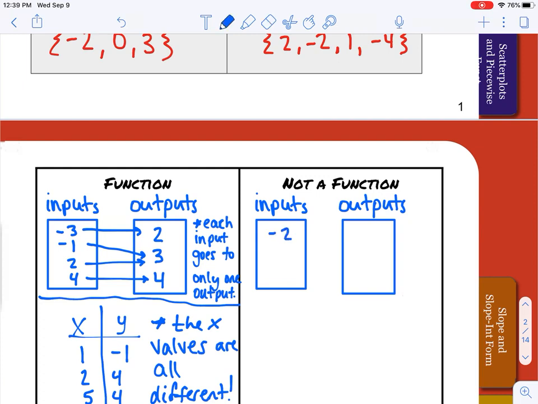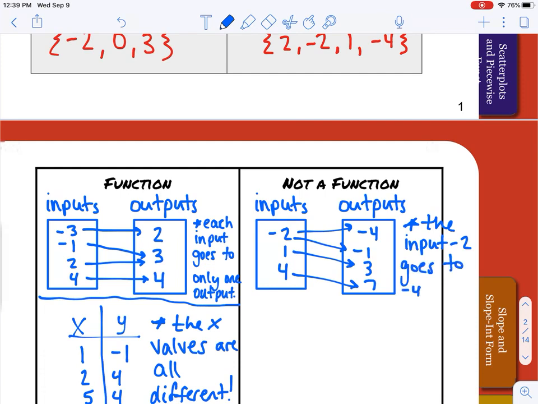So if our inputs are -2, 1, and 4, and -4, -1, 3, and 7 are our outputs, and -2 maps to both -4 and -1, 1 maps to 3, and 4 maps to 7, this is not a function because the input -2 goes to -4 and -1. So this is not a function.